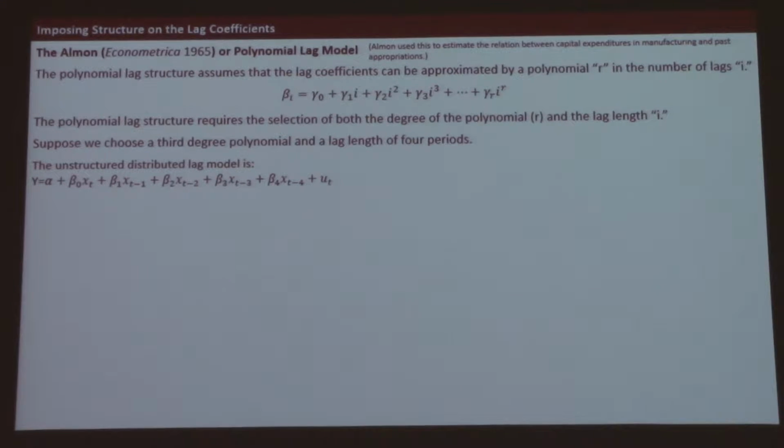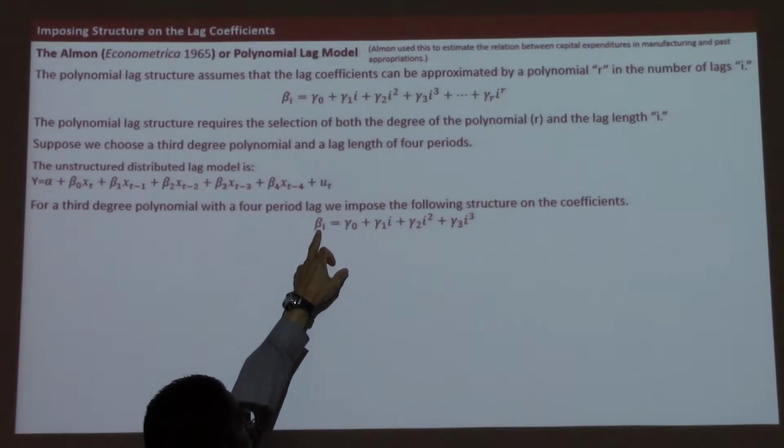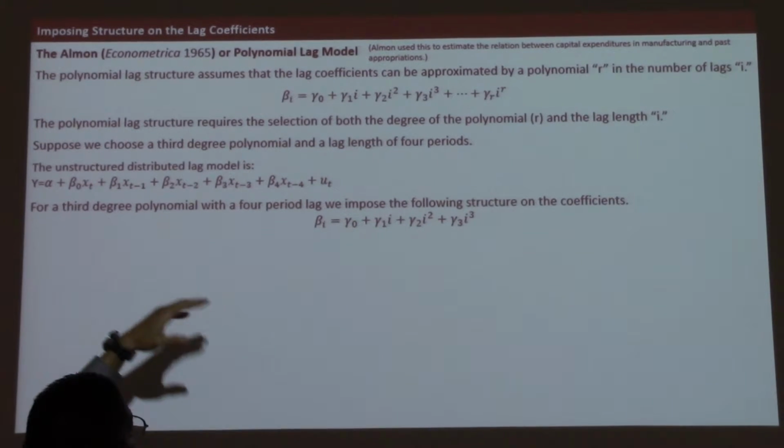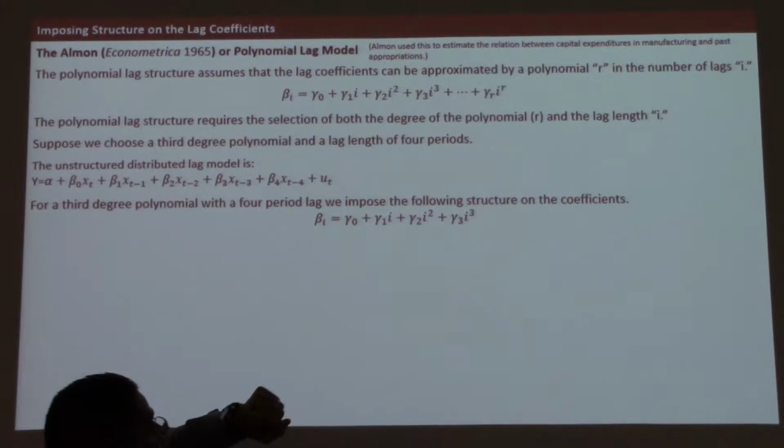All right, so given that we're assuming a third-degree polynomial and a 4-period lag, we're going to take each of our coefficients from our lag model, beta 0, beta 1, beta 2, beta 3, and we're going to impose this mathematical structure on it.